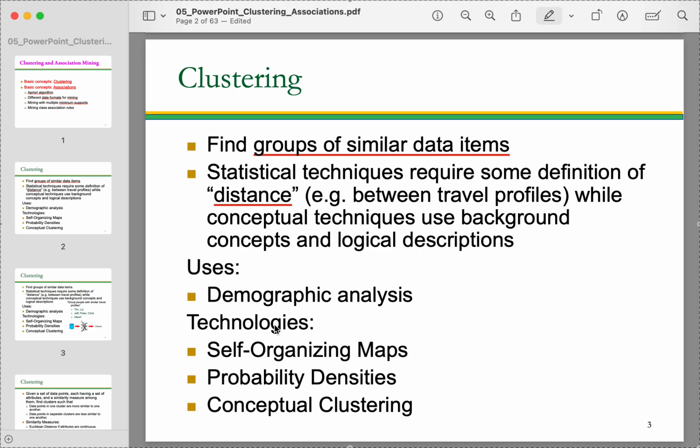This kind of analysis can be used in real life, applied in a variety of scenarios. For example, demographic analysis, maps, that is geographical maps, probability densities, and conceptual clustering.